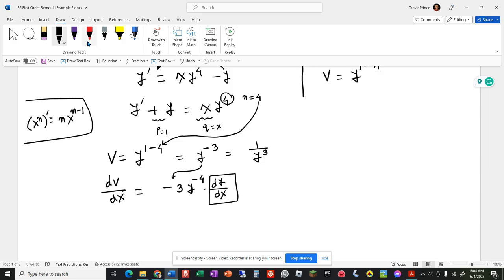So let's solve for dy dx. Again, y prime and dy dx are the same; we use the prime notation, or dy dx. So we're going to multiply both sides by negative 1/3 y to the power 4.